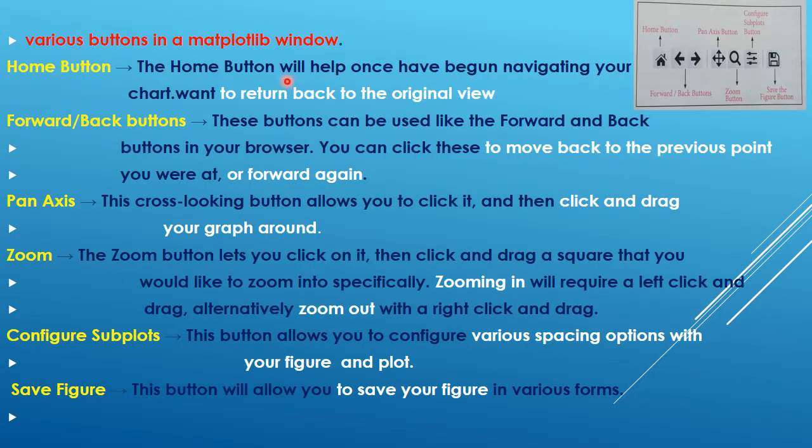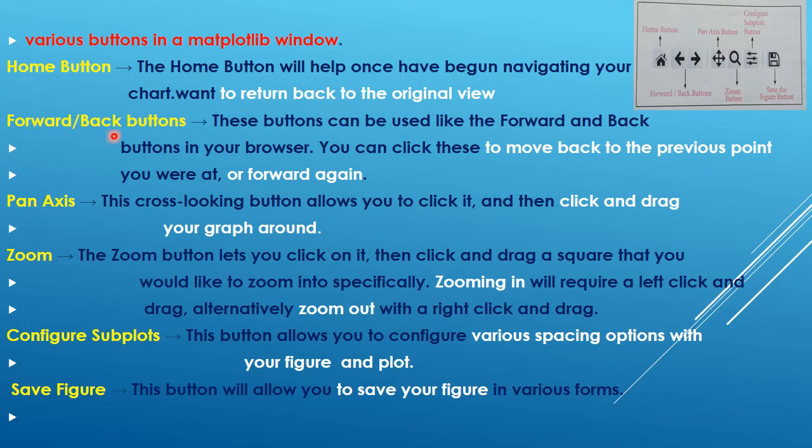The home button helps when you have begun navigating your chart and want to return back to the original view. For example, if we have moved from one place to another, to come back to the original view we can click the home button.